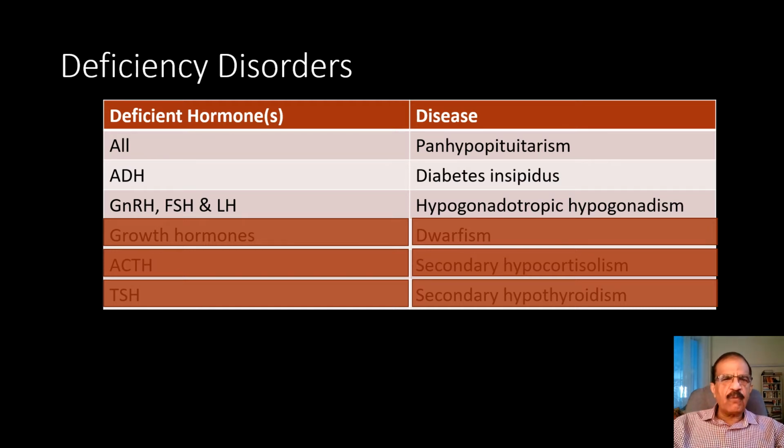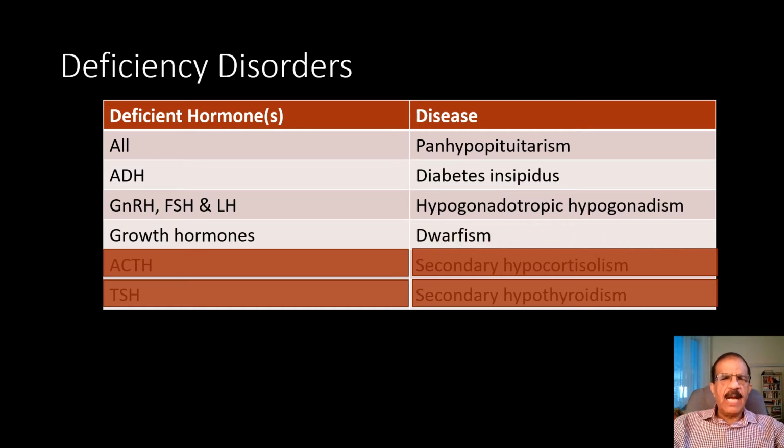Now then we have growth hormone. Growth hormone is extremely essential in the early years of life when the growth is occurring. So if growth hormone is deficient, the resultant condition would be called dwarfism. I mentioned in my previous lecture that we do not exactly know any particular role of growth hormone in adults.